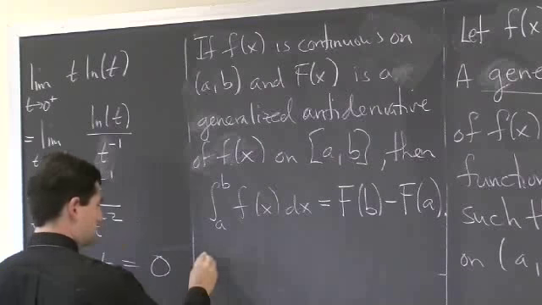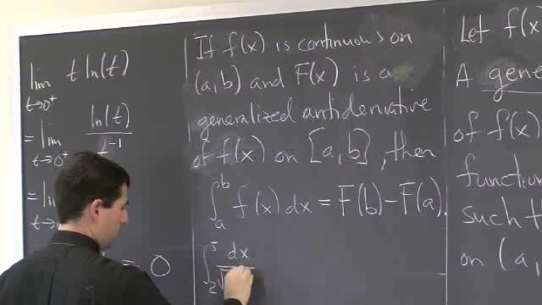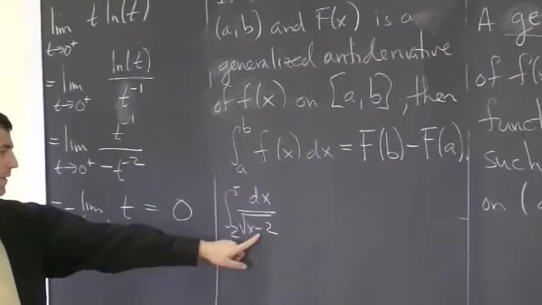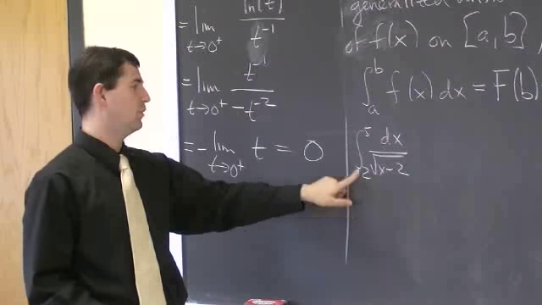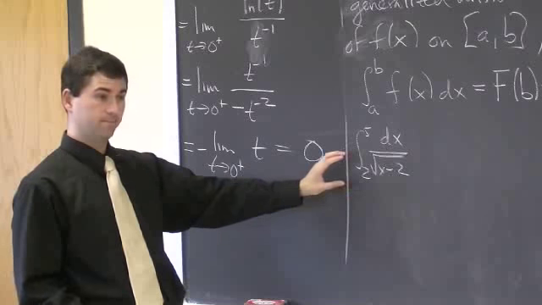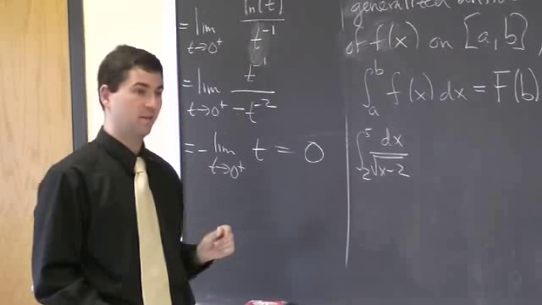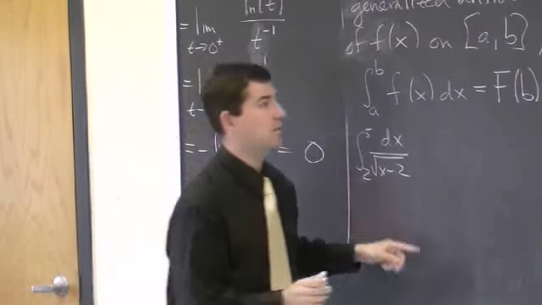So, if we go back to our example here, this is continuous on the interval 2 to 5, but not including 2. But it has a generalized antiderivative on the closed interval [2, 5]. What's the generalized antiderivative?